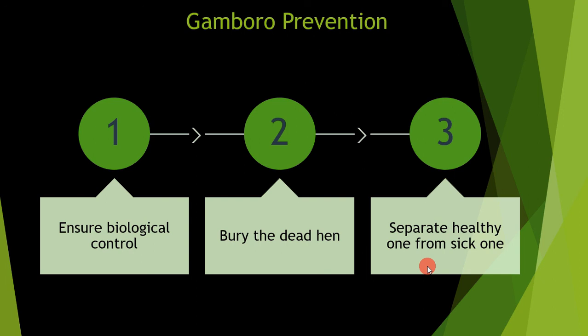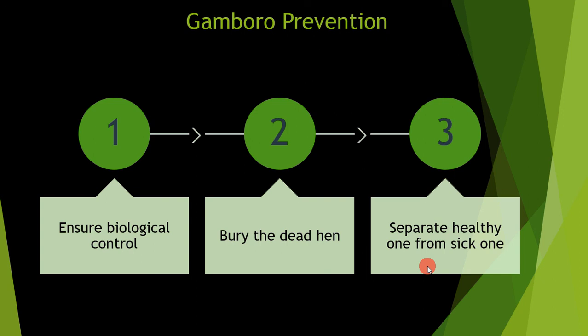And next, when you find any dead chicken, it might not be caused by this disease, but it is dead, and in dead materials there will be virus or germs created or produced.